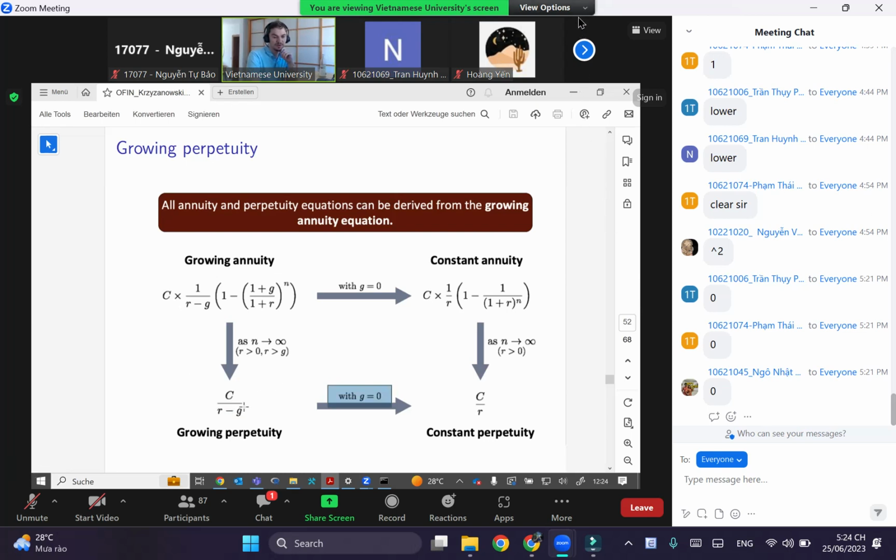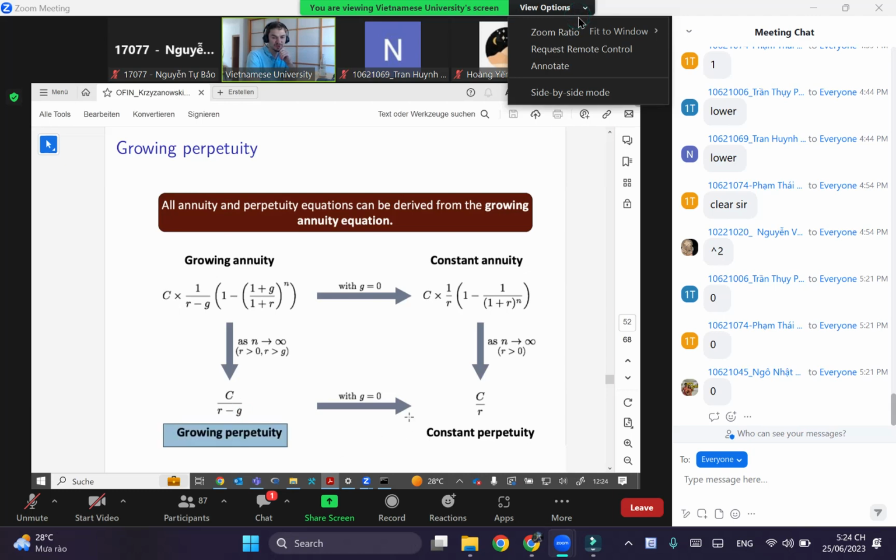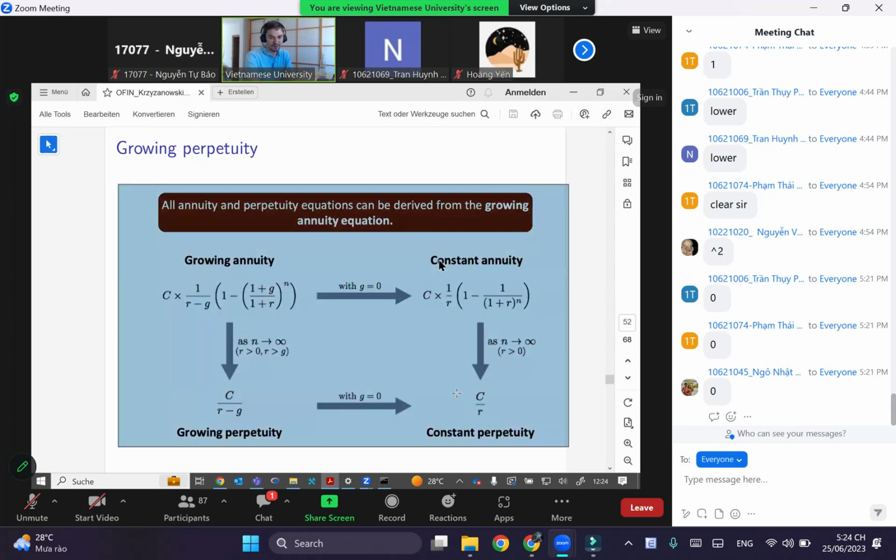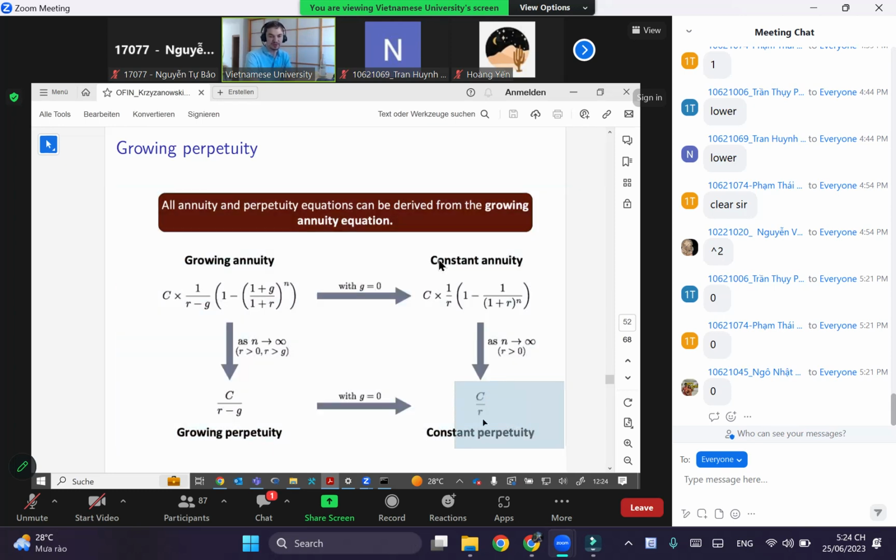If G is 0, we move from the growing perpetuity to the constant perpetuity, and the formula no longer is C divided by R minus G, but if G is equal to 0, it becomes C divided by R. That's one way you could easily obtain the constant perpetuity: by applying the growing perpetuity formula and setting G to 0.